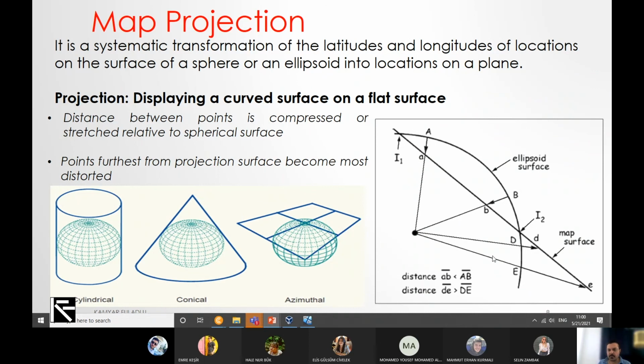That's why we are using projection. So instead of one big line like this one, like E and this one, it is better to use many small lines in order to better fit our sphere, like this one.